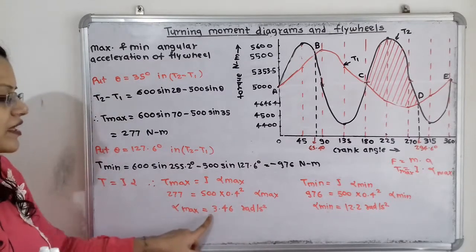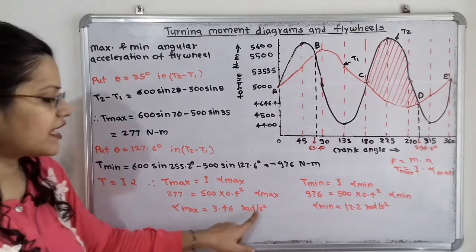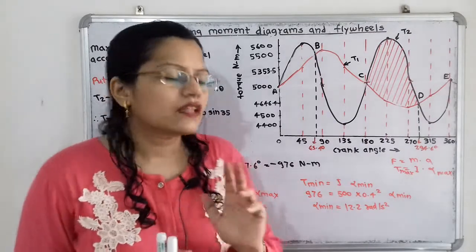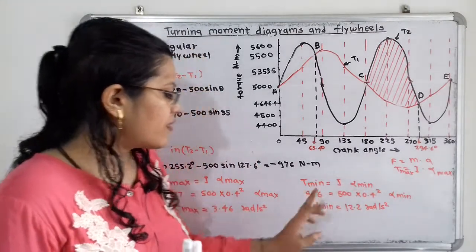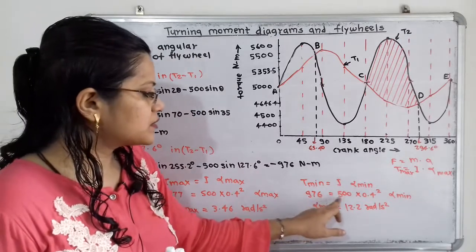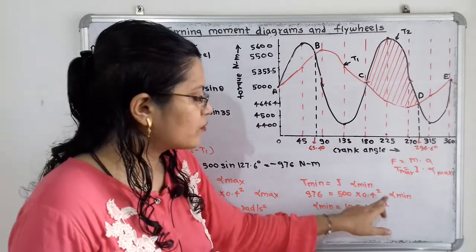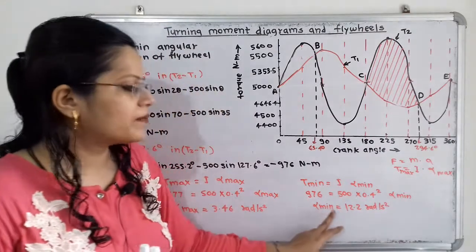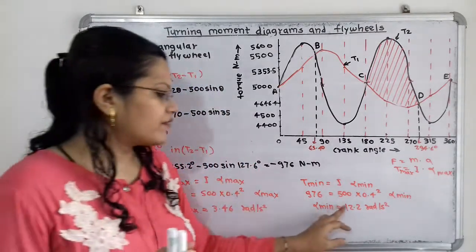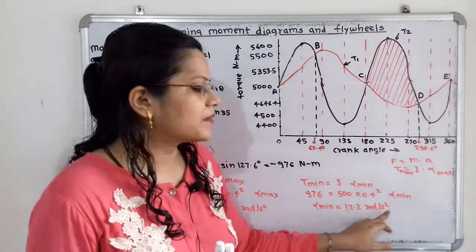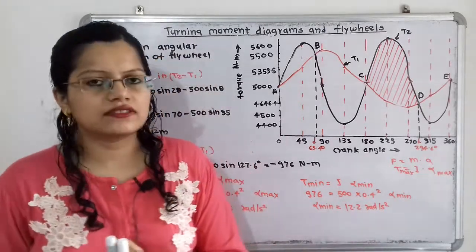The maximum angular acceleration is 3.46 radians per second square. In the same way for minimum torque, it is I into α min, that is 976 equal to 500 into 0.4² into α min. So α min, the minimum value of angular acceleration, is equal to 12.2 radians per second square, and this is the answer.